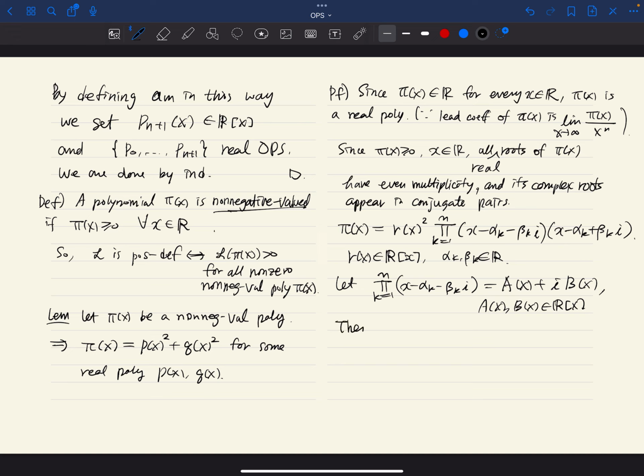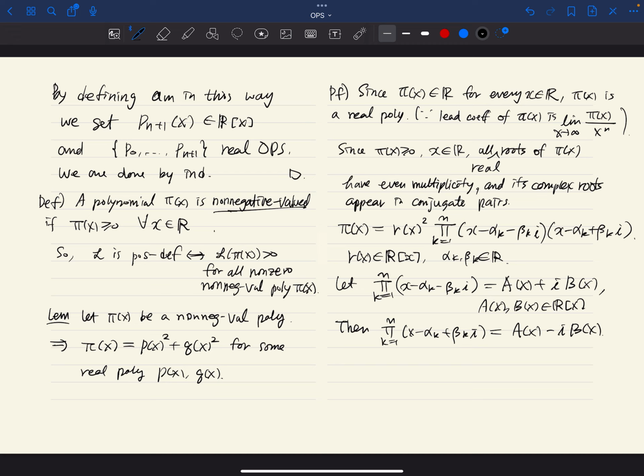Then if you take the conjugate, the conjugate is multiplicative, so we get this.